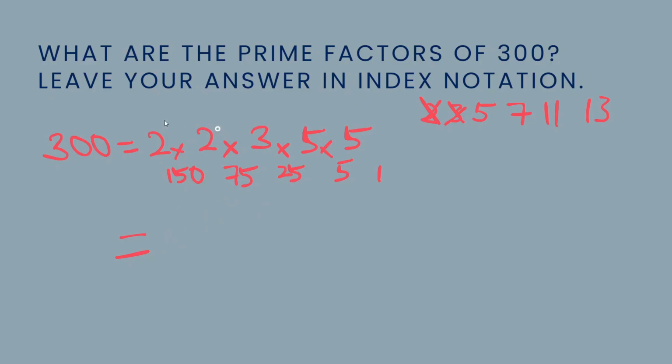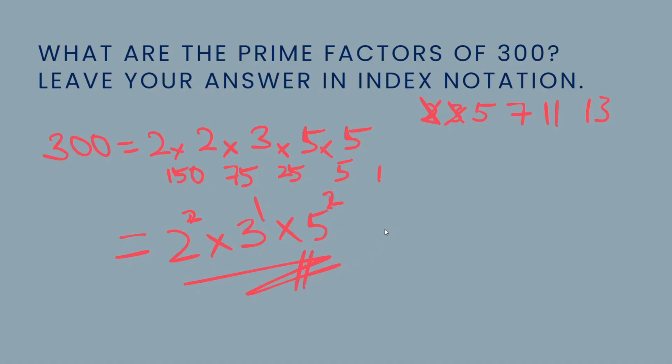These 2s become 2 to the power of 2. This one, 3 to the power of 1. And this one is 5 to the power of 2. This is your answer.